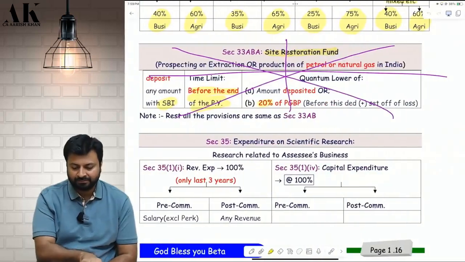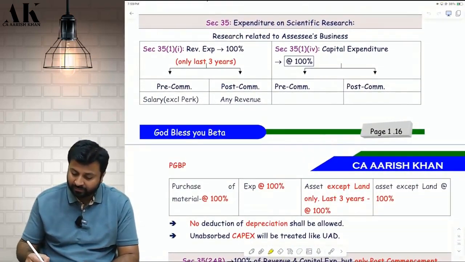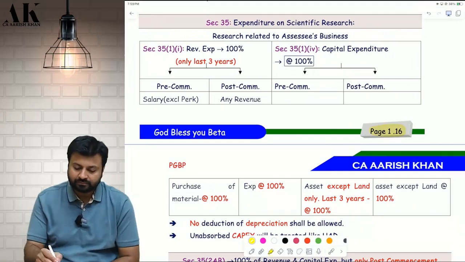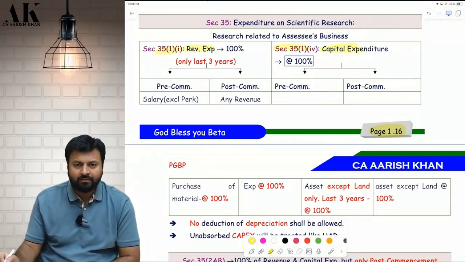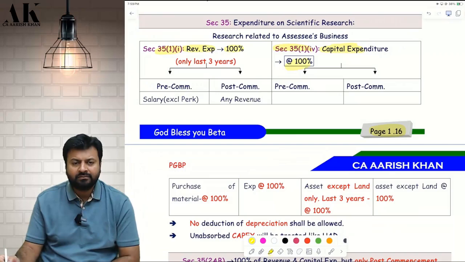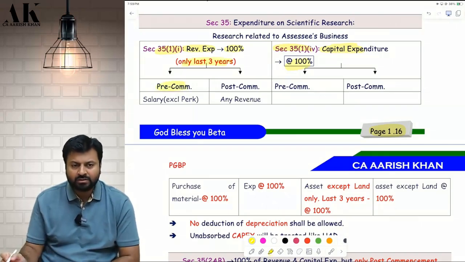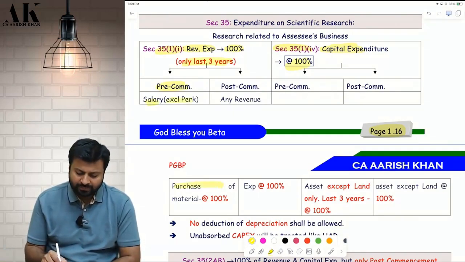Okay. So let's talk about the first two sections. First of all, in your book, page number 1.16. See on the board, please, all of you. 3511 revenue, 3514 capital. Both are 100%. In pre-commencement, only the last 3 years: salary excluding perquisite, purchase of material 100%.